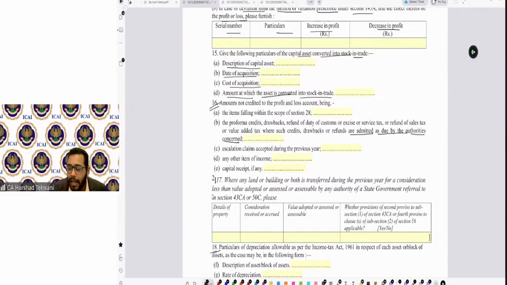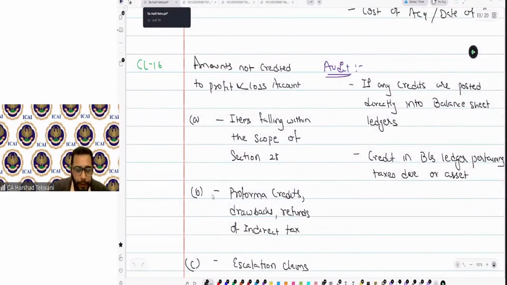Accordingly, we need to determine when it was admitted by the concerned authorities. If it was admitted by the concerned authorities during the previous year, then we will report over here.